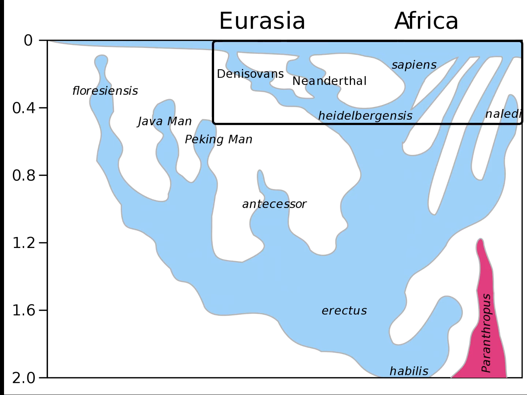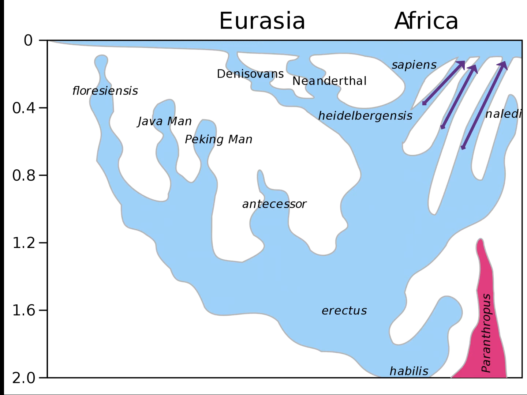And then up into this group with Naledi, Sapiens, Heidelbergensis, Neanderthals, Denisovians. And these lines also merge up at the top because we find a lot of hybridization between these different groups. And so there were hybridizations between Sapiens, Neanderthals and Denisovians and Sapiens, and probably others, including these lines here of Homo erectus, possibly hybridizing with Homo sapiens.